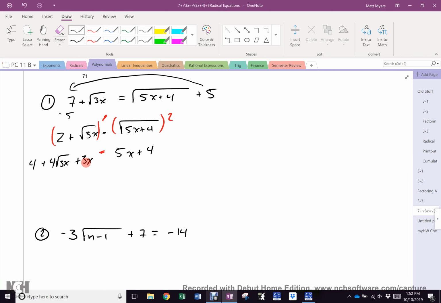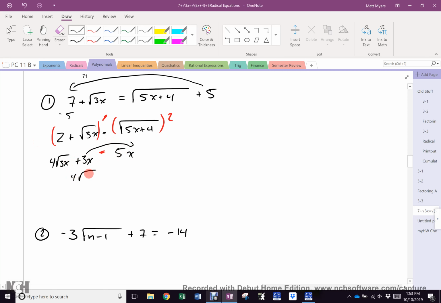All right. Now, right away, you see you have a 4 on one side and a 4 on the other side. What can you do? They can disappear. And now I've got this. I got a 3x, I got another 3x, or another x. So that's going to go over there.